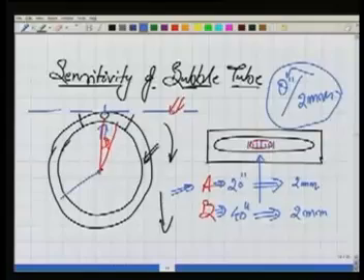Now, what are the factors which will control the sensitivity of the bubble tube? Well, you can think about those. Start thinking. Viscosity of the liquid, yes. The radius of the circle here: the larger this radius, the more active the bubble, that is the sensitivity.